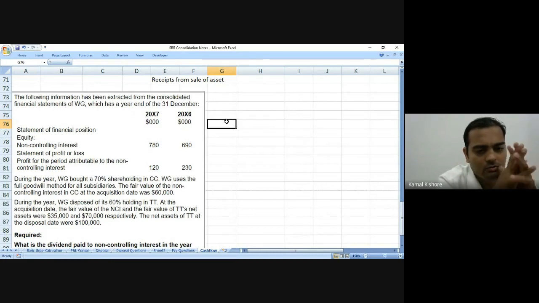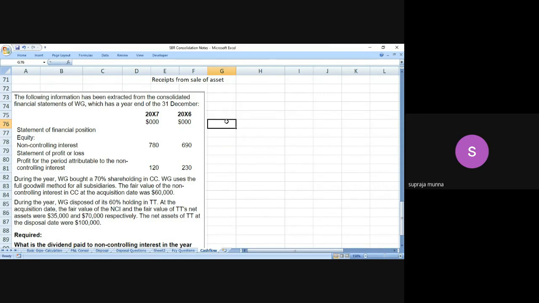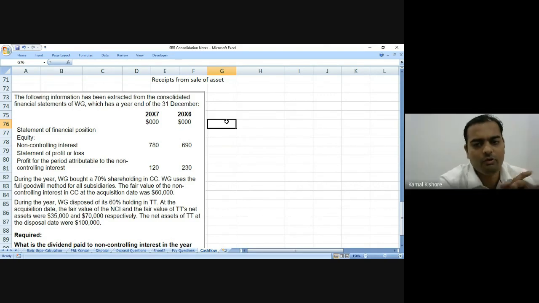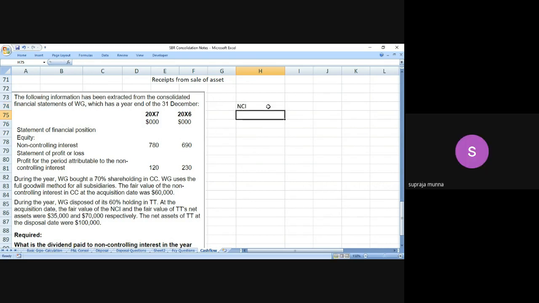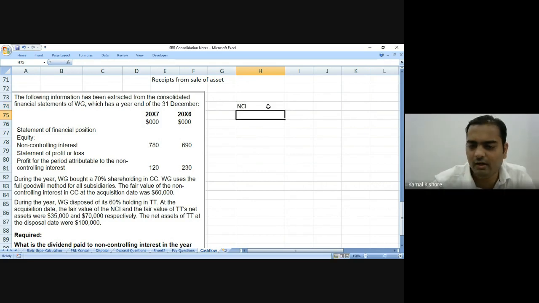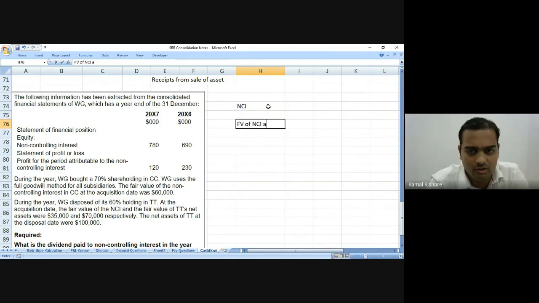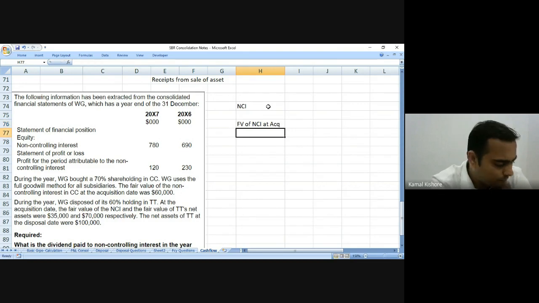So some information is given. Basically, NCI value is given, opening and closing. Now we have to understand how NCI value changes. First is NCI at acquisition, that is the fair value of NCI at acquisition, if you have acquired during the current year.